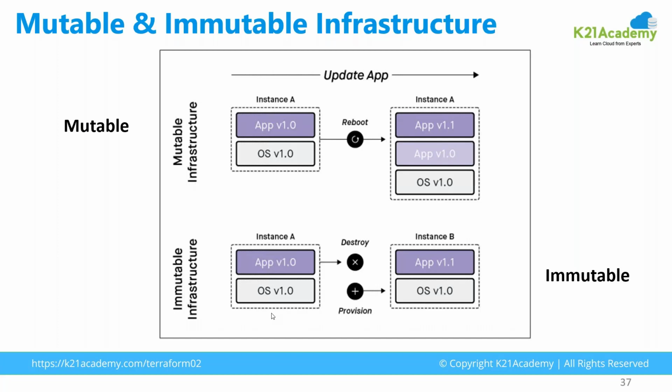I don't have to spend time troubleshooting incompatibilities. So version 1.0 to version 1.1 is directly done on the new infrastructure, and all the configurations are well intact. And Terraform basically works on that.